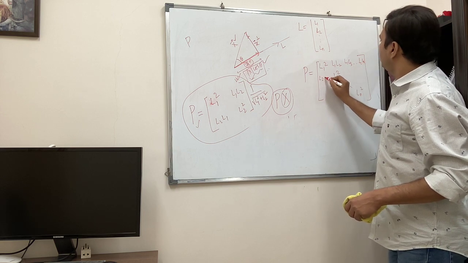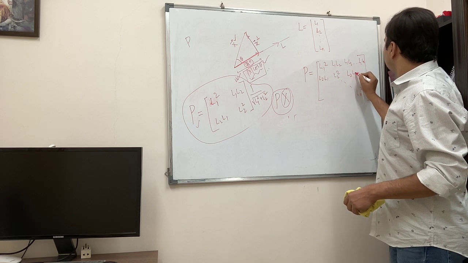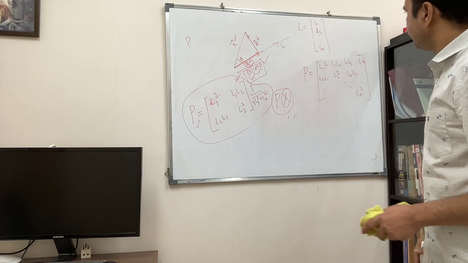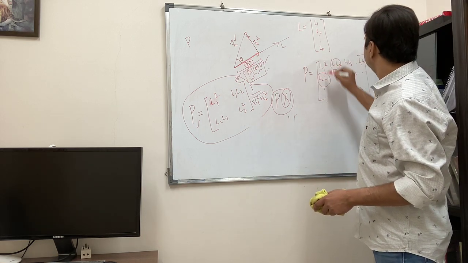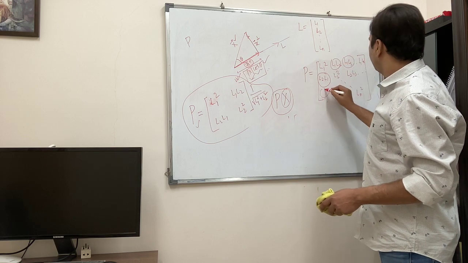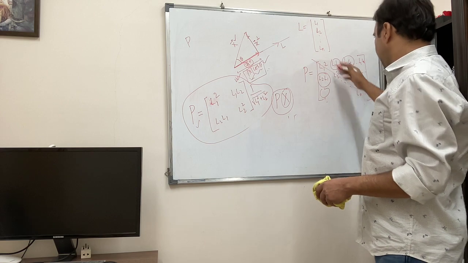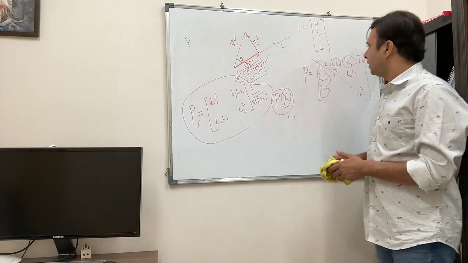Similarly, the next row will be L2 L1, L2 L3, and you can fill the whole matrix with the same pattern. You see that this is a symmetric matrix: everything above the diagonal is the same as everything below the diagonal.